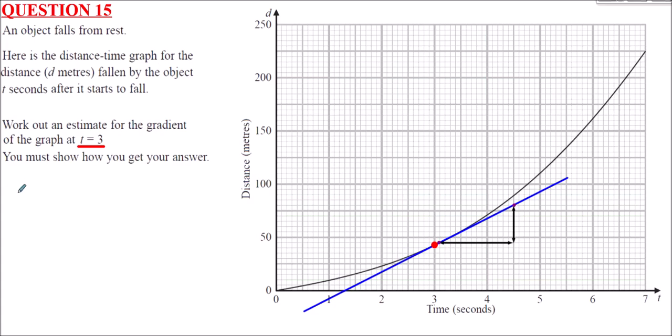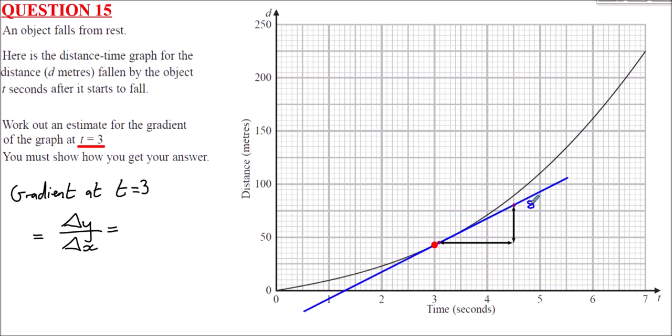So gradient of a tangent, that's going to be the change in y divided by the change in x. So this bit here, that's at a height, well that's 50. Each of these little squares going up must be worth 5 units. So if that's 50, that's 75, that'll be at 80.